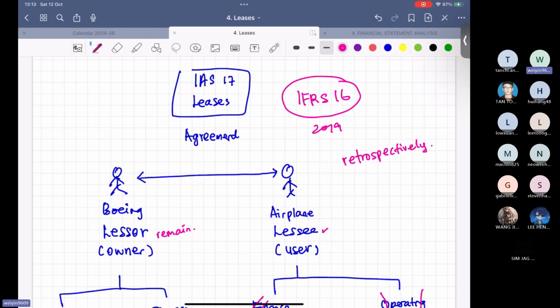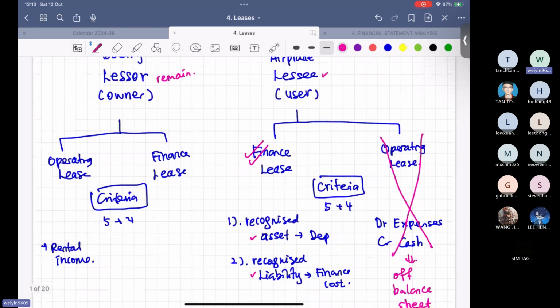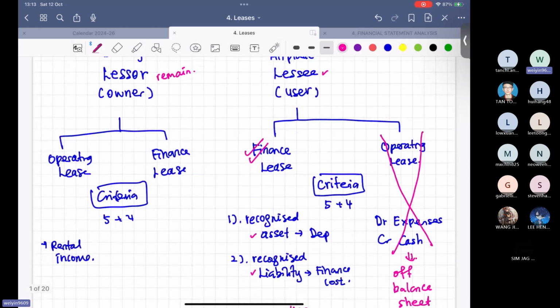So IFRS 16 came in, where the lessee does not recognize operating lease. That means you can only go for finance lease. Right, so that is the theory. Basically, it is because of the underestimation of the asset and liability. Also underestimation of the expenses. Previously there was only one expense.